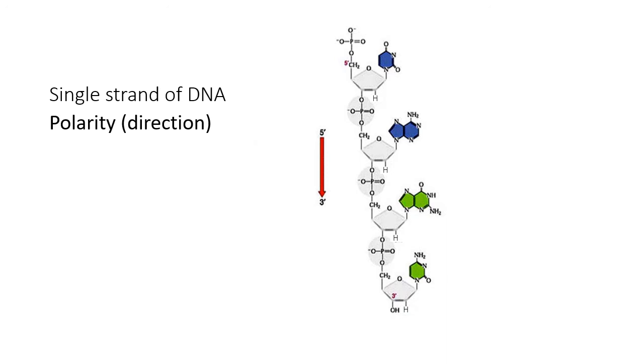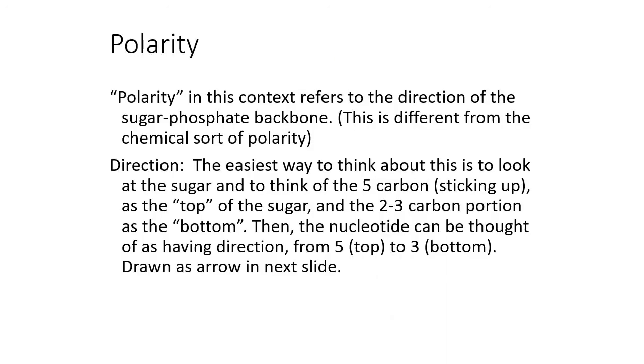So the sugar itself has direction to it if you consider the 5 carbon to be the top and the 2 and 3 carbons to be the bottom. Each sugar has itself a directionality, which when you link them together imparts directionality to the overall molecule. So polarity refers to direction. It doesn't refer to charge or chemical polarity.